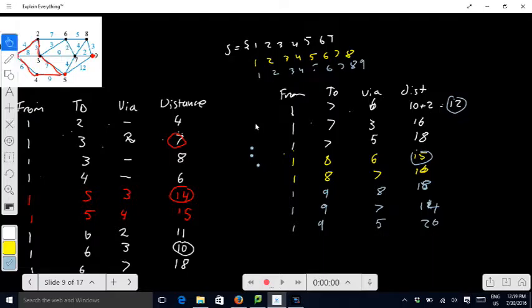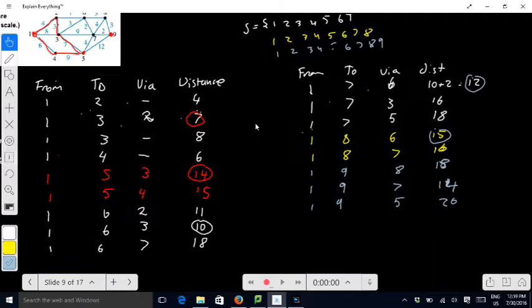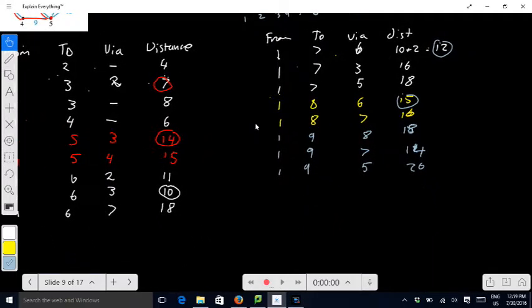Okay, so now to work out the best possible path. So 1 to 9, it was better to go through 7.